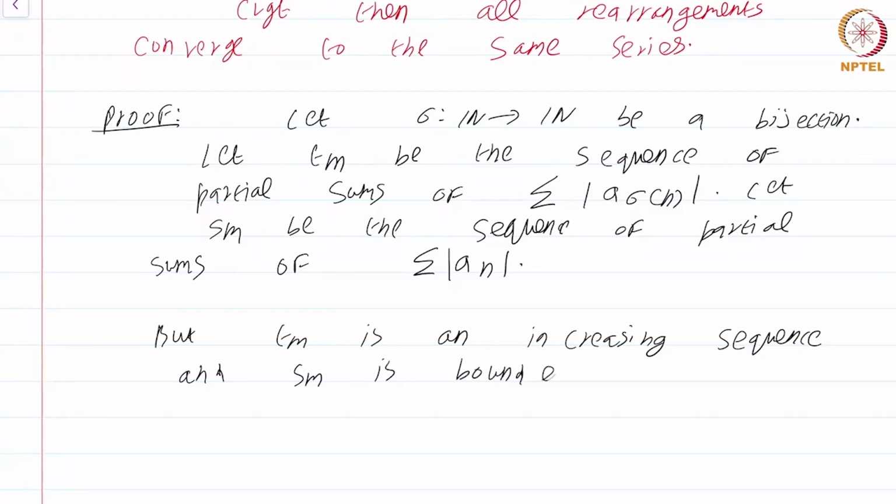Sm is bounded above by, let's say, some quantity k. Why is Sm bounded above? Because summation mod an converges absolutely. Convergent sequences are bounded, therefore Sm will have to be bounded.